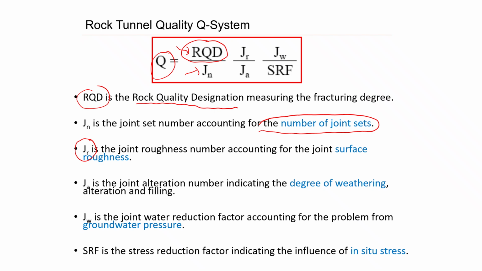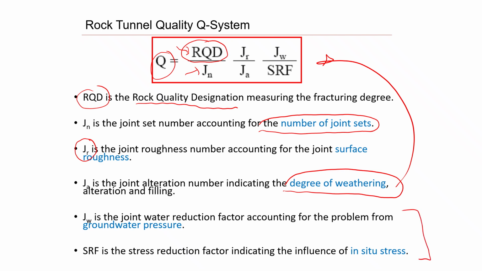Of course, we're also going to look at the degree of weathering of those joints, and then assign a rating, and that goes in here as part of it. Next, the J with small case w is related to the groundwater pressure, because water is important in rock mass.